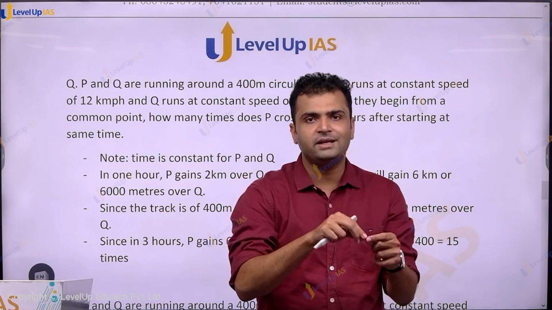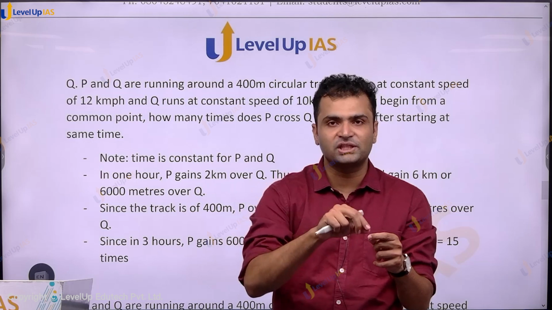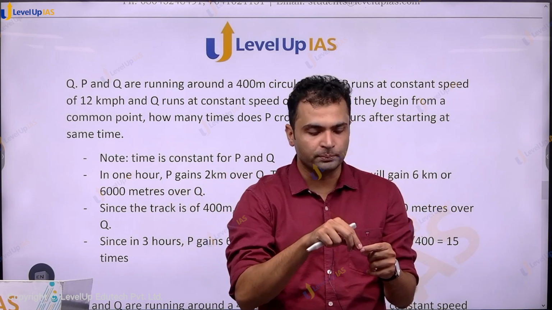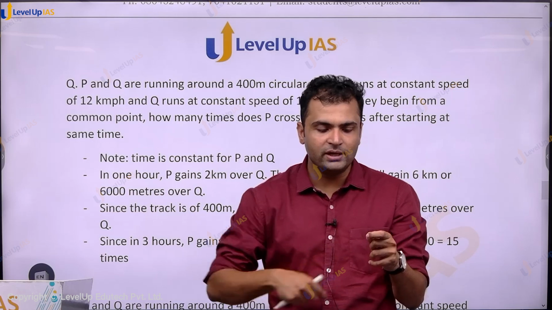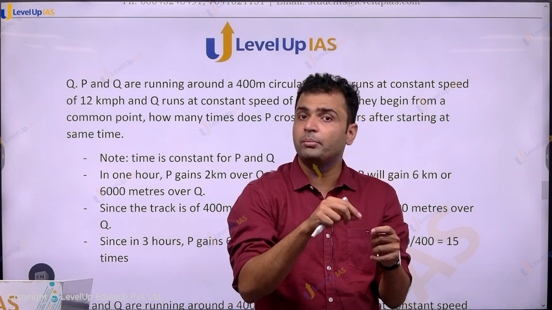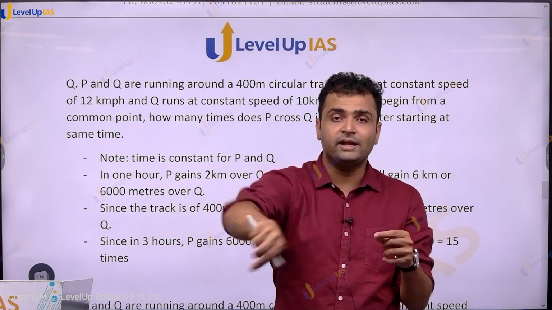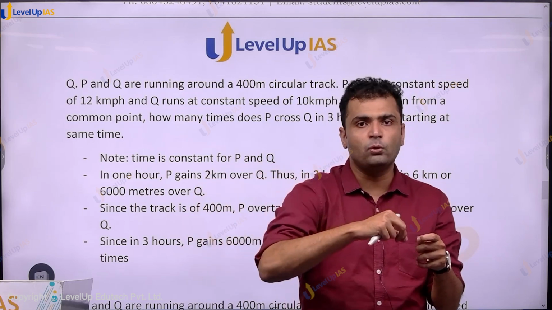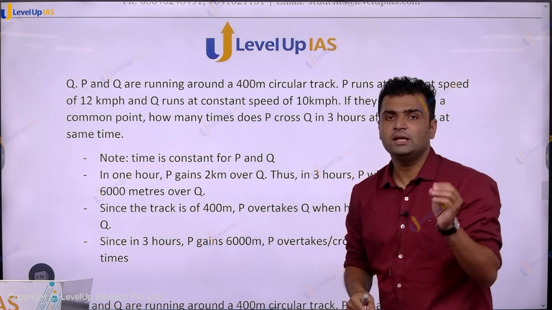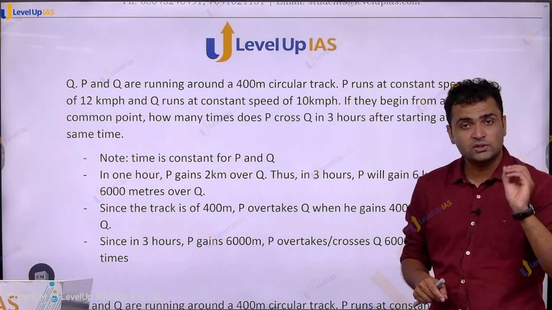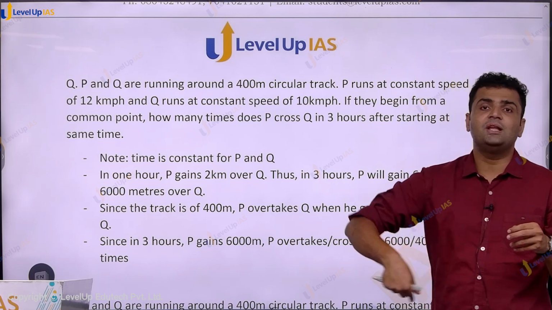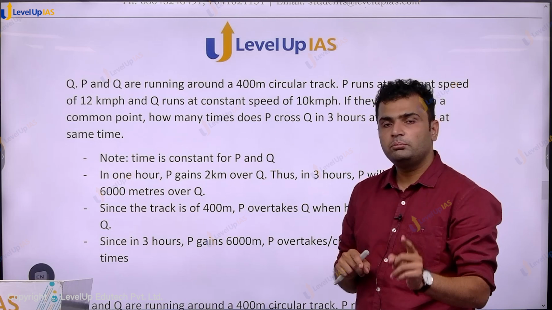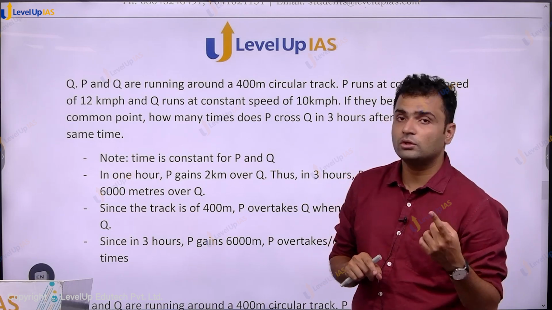And at that specific instance, when P overtakes Q, P has traveled exactly 1 round extra compared to Q. Exactly 1 round extra has been done, that is why he has come from behind. So basically, that is what we mean by crossing: P traveling exactly 1 round extra compared to Q means P has crossed Q.